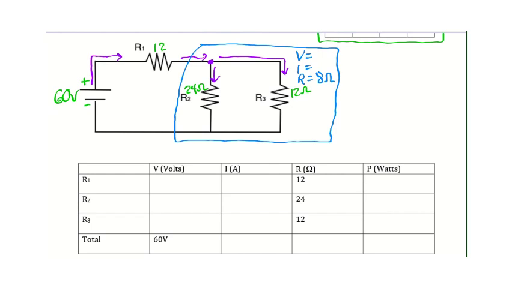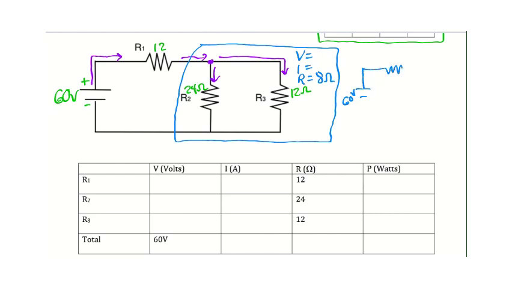So, you may recall a moment ago I said it is our goal to reduce any combination circuit into a series circuit. So let's summarize what we just did. I'm going to sketch the circuit as simplified. So we had our 60 volt power supply.